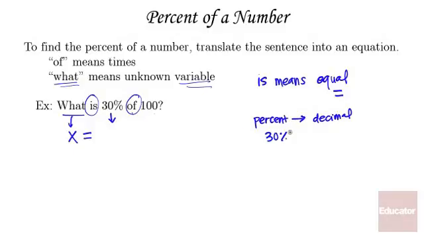To change from a percent to a decimal, we move the decimal point over to the left because that makes the number smaller, 2 spaces. So it's going to go 1, 2. That's where the decimal point is going to go. So here it's going to be 0.30. So this is going to change to 0.30.